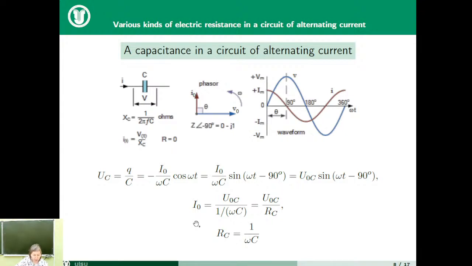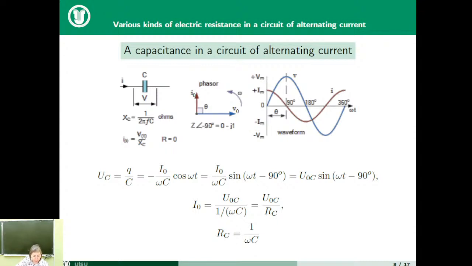We can write the peak value of current I0 is U divided by the resistance of the condenser. Look at this expression for the resistance of the condenser: it is 1 divided by omega C, where C is the capacitance.